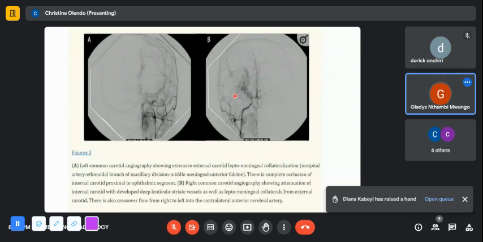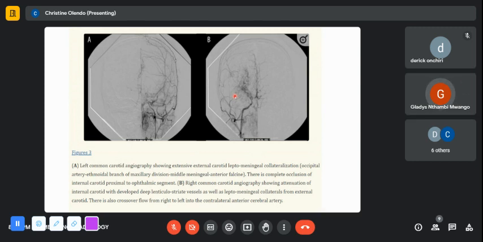Yes, Diana. I'm seeking a clarification. Why are the perforators dilated? The perforators originate directly from the circle of Willis, right?